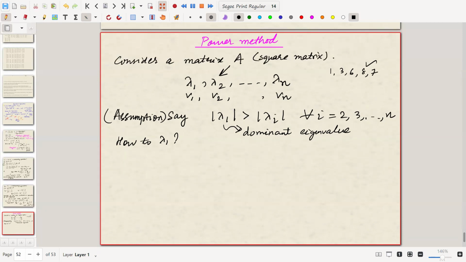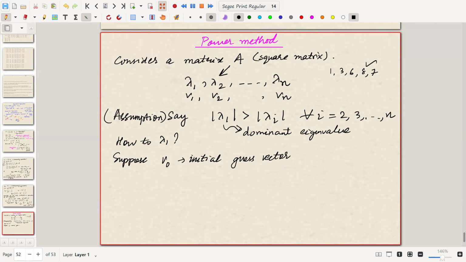But instead of a number, we will have a vector. Previously in all methods you were having numbers; now in this case we will be having vectors. Suppose V naught is the initial guess vector to start our method with.